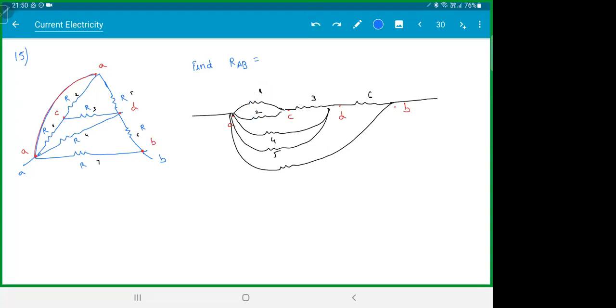I'm just worried about one thing. You will mix up capacitors and current formulas. You have to be really careful. I do that sometimes. So you have to be careful. R by 2 plus R, 3R by 2.